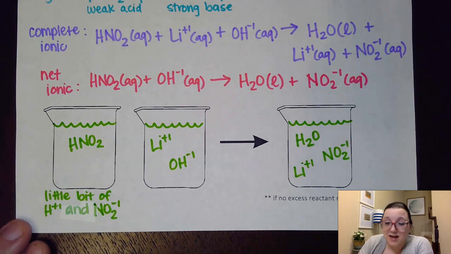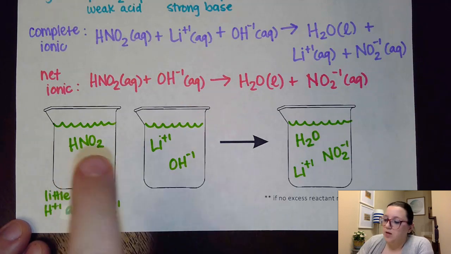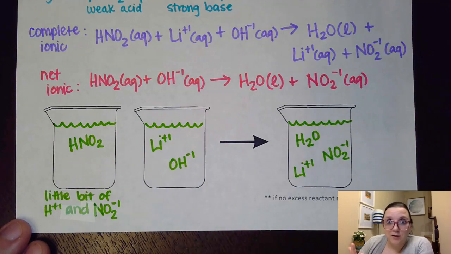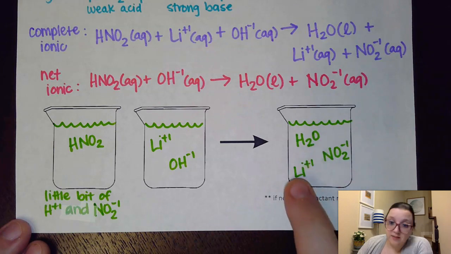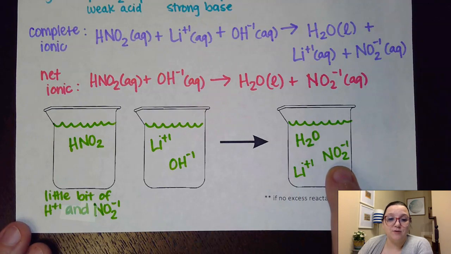Because again, it is an acid, so it does partially dissociate, but the bulk of it is going to remain as that HNO2 together. So then my LiOH splits apart. And so then when I go to my product side, I end up with that water that I ended up forming, the lithium ions that were the spectators, and those nitrite ions that are in that final solution.